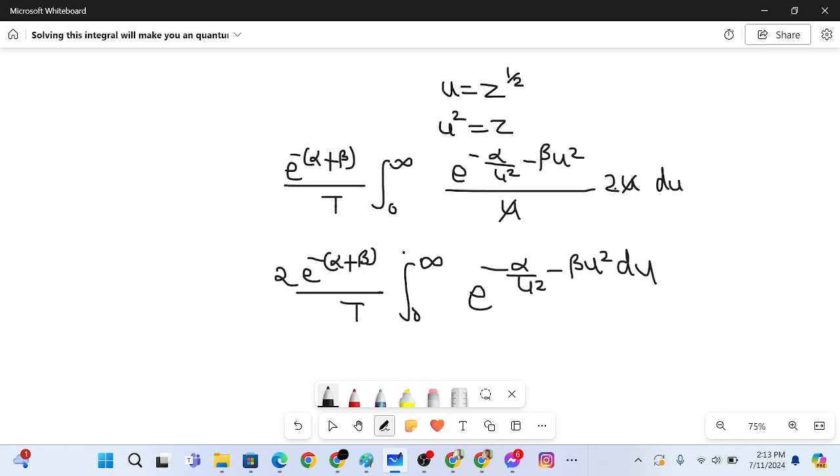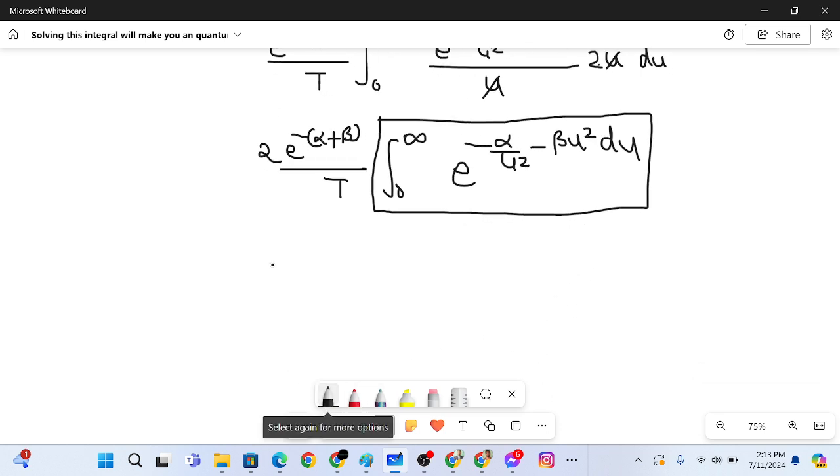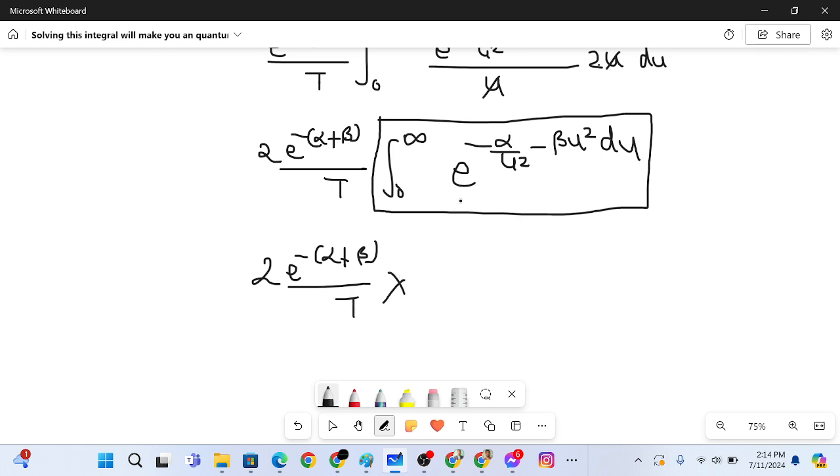This actually is also a kind of a standard integral. So I actually know its solution, so I'll put it, but I'll also derive the solution afterwards. So for now, let us just put it: e to the power minus of alpha plus beta by 2 by t. Now its solution will be 1 by 2 times root pi by beta, the thing that is there with the u square, and e to the power minus 2 root alpha times root beta.